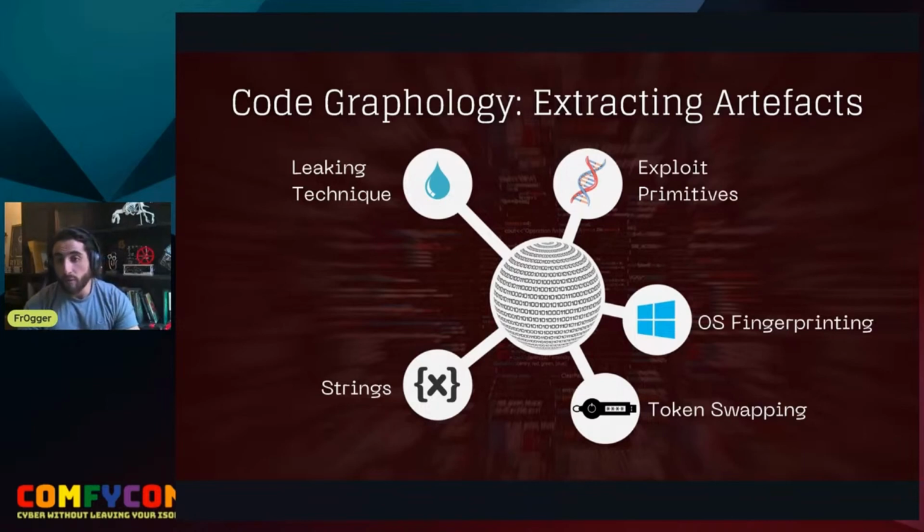Another interesting artifact that could be interesting to extract and understand is the operating system fingerprinting. In most local privilege escalation exploits, the exploit will fingerprint the operating system, whether it's 64-bit or 32-bit, to be sure that the exploit will be reliable and successful on the machine.